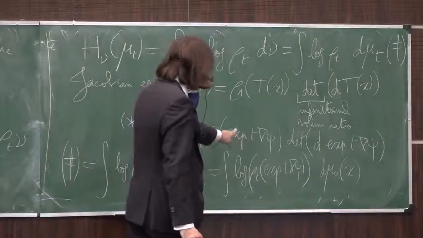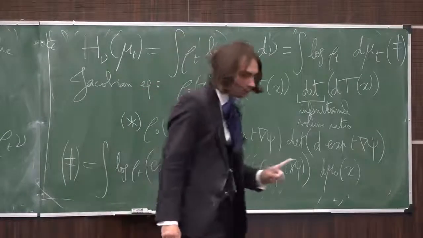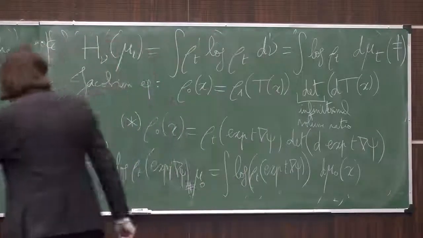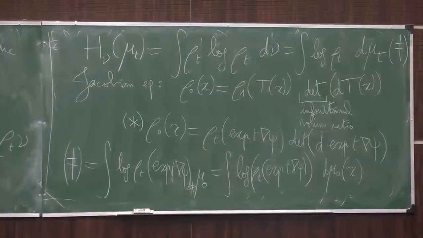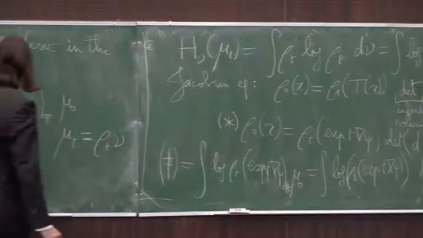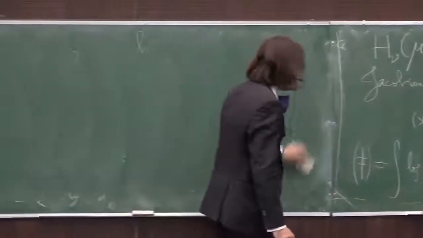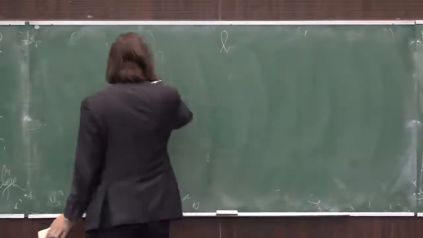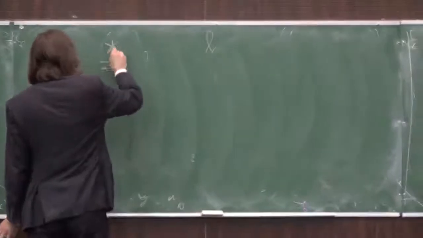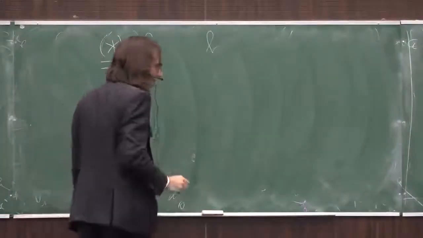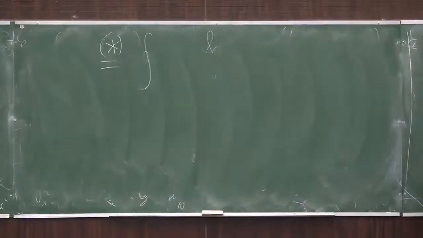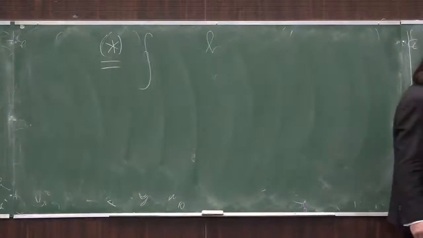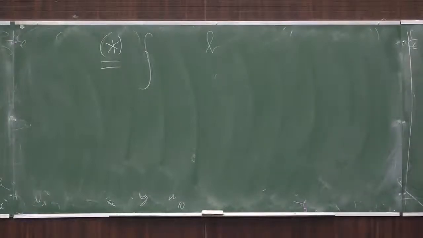But now I will use the formula star. Thanks to star, log of rho t of exponential t grad psi, I can express it with the log of this minus the log of this.